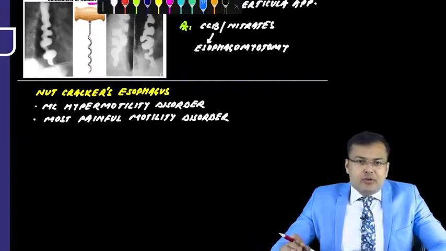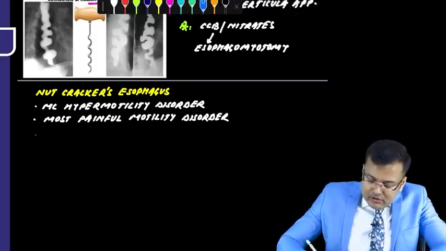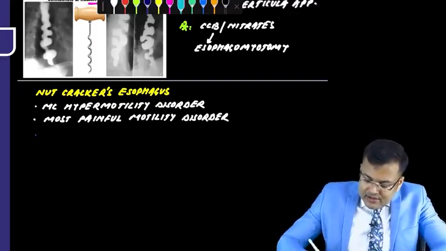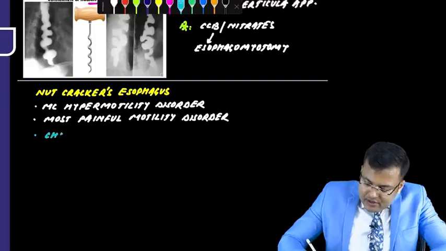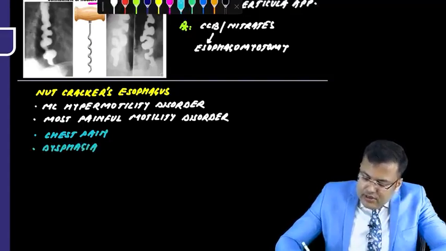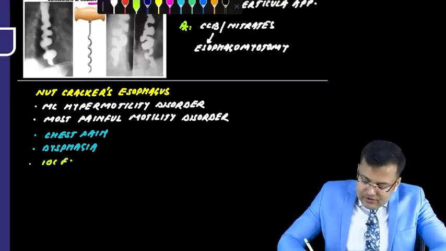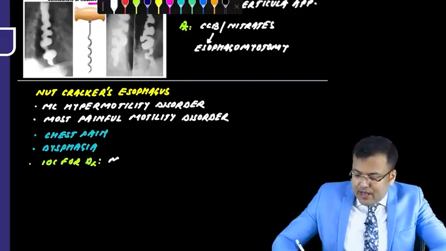Nutcracker esophagus is the most common hypermotility disorder. It is the most painful motility disorder, and here also the patients have chest pain and dysphagia. Diagnosis is made by manometry; investigation of choice for diagnosis is manometry.